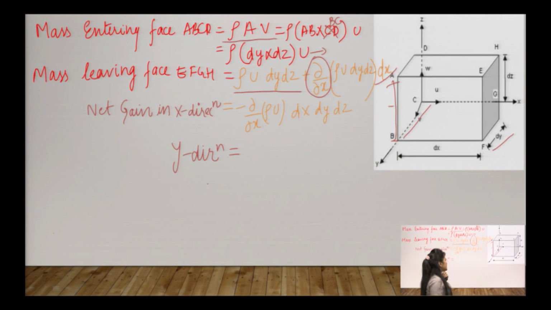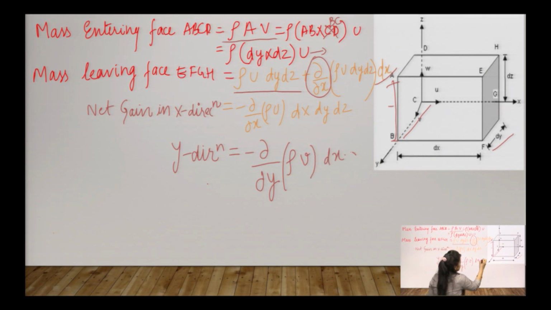Same pattern is there, so components will be changing, that is there will be a negative gain, but in which direction? In y direction. Density is same, or we have taken for now as same. The u component will be changing to v, then again you will be getting dx, dy and dz.